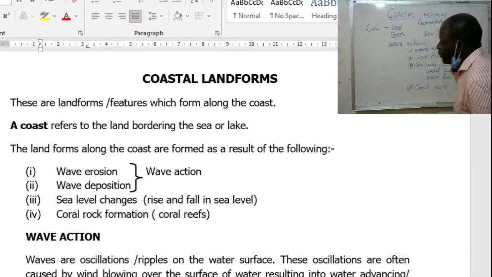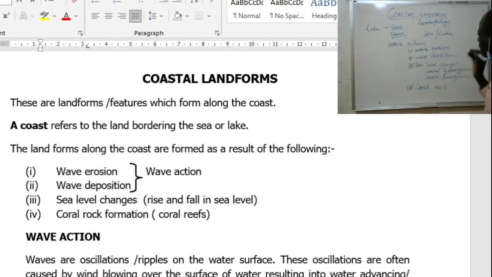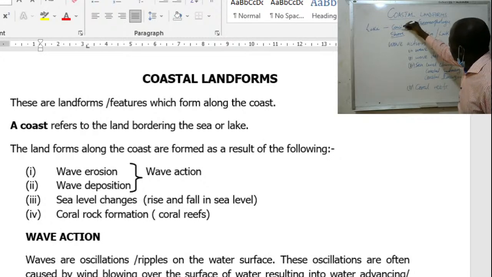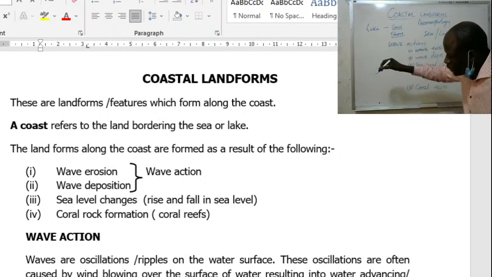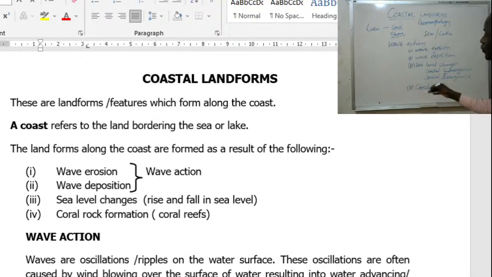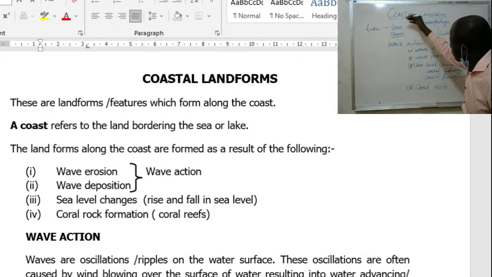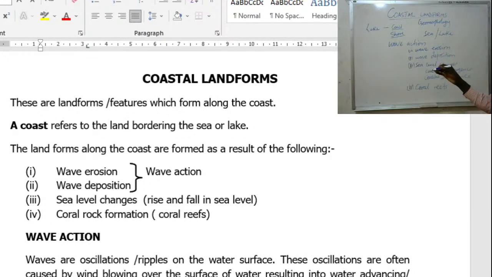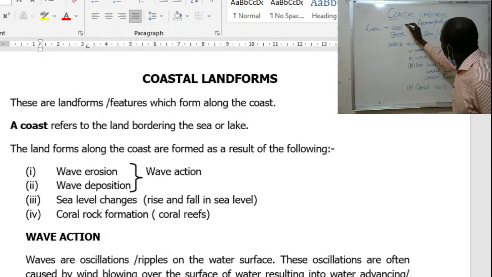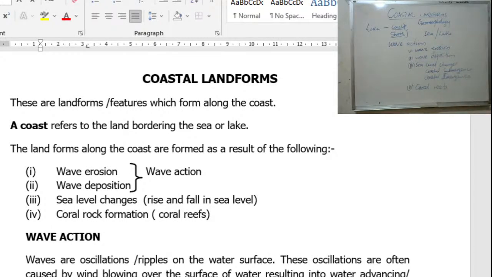But in the context of physical geography and specifically in the understanding of coastal geomorphology, we are also referring to the shores, because the shore is the land bordering the lake, to be specific. And then the English definition will tell you that a coast is that land that borders the sea or the ocean only. But in this context, we are bringing these together and referring to them as a coast. Why?